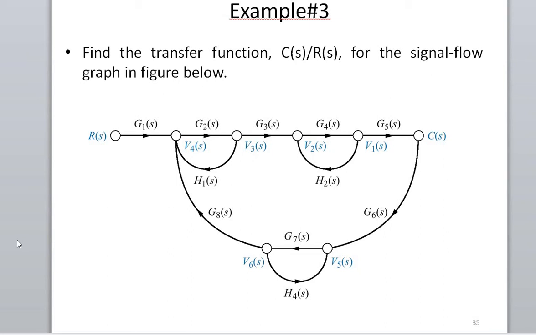In the signal flow graph method, the first step is to identify the forward paths of the given signal flow graph and write their forward path gains.